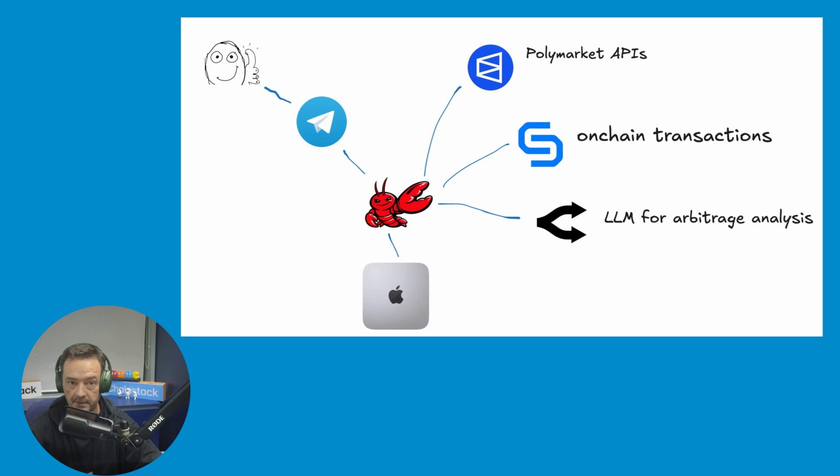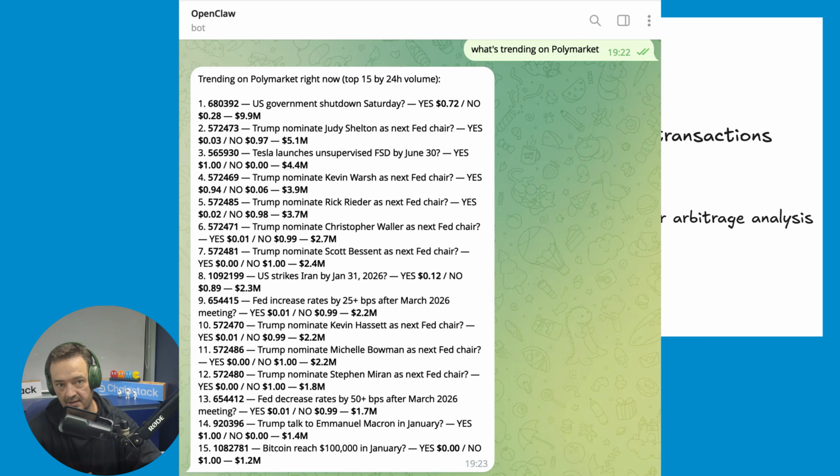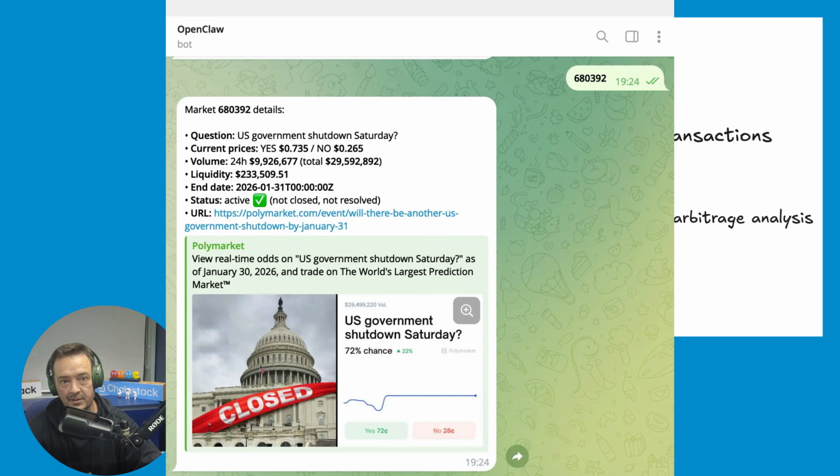So here is the full flow of the PolyClaw skill in OpenClaw. You usually start with something like saying what's trending on Polymarket and get a response from the Gamma API of Polymarket with the full market IDs. You can pull up the details of each of these markets with the links to them by replying with the market ID.